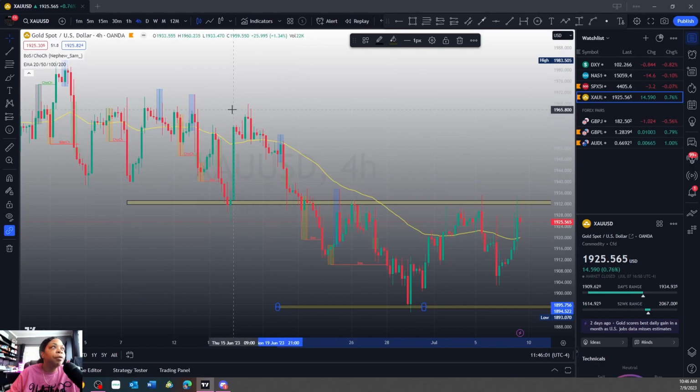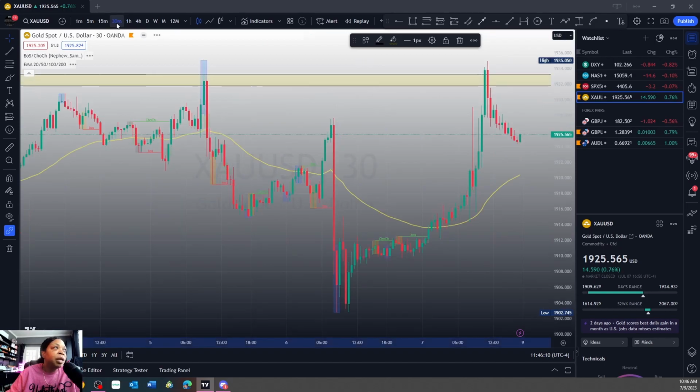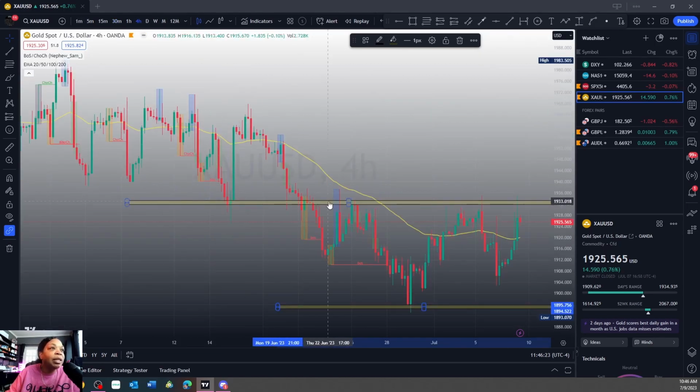I mark up my chart typically on the 1-hour, and when I'm doing my entries and exits, I'll drop down to anywhere between the 15 and 30 minute. It's kind of like a sniper move.